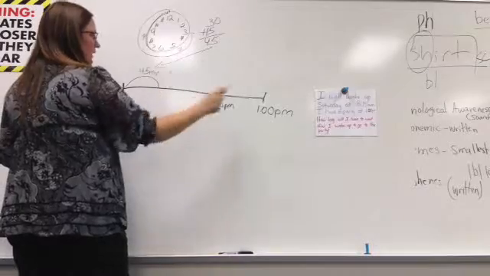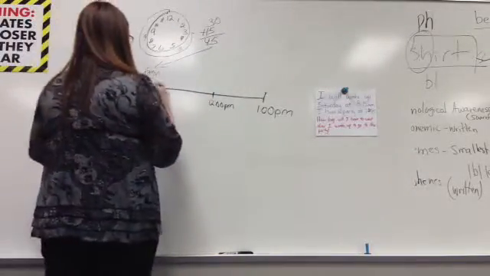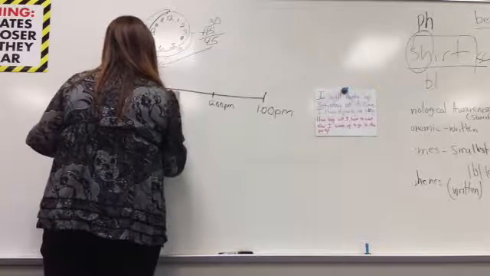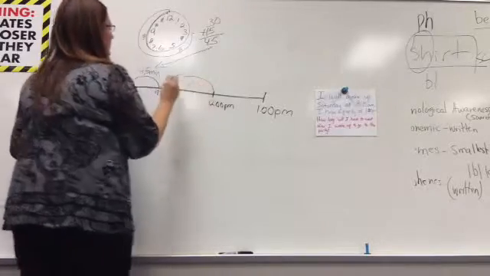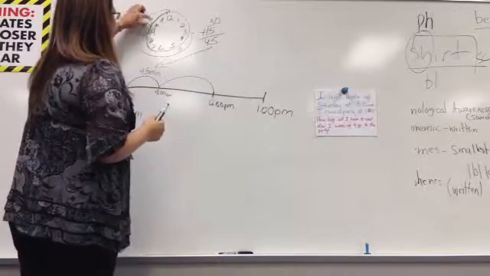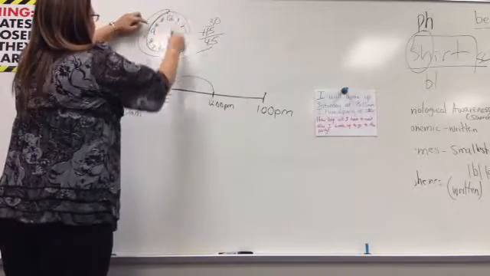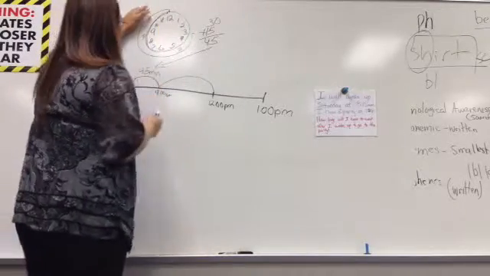Now we're going to do our next jumps, which are going to be whole number jumps. Our first jump is going to take us from this 9 a.m. time to noon. So we've got 9, 10, 11, 12.